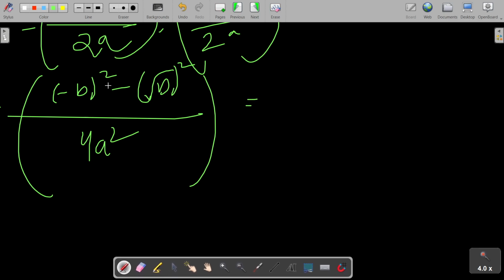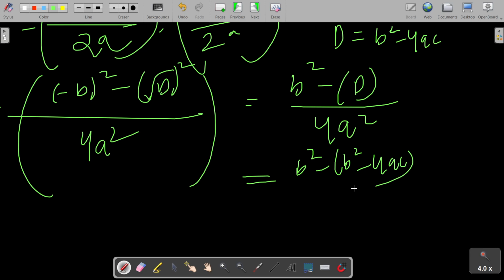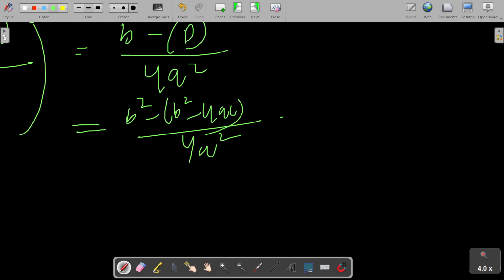Minus b whole square is b square, minus root d whole square is d, over 4a squared. We know that d is the discriminant, which is b square minus 4ac. This becomes b square minus, b square minus 4ac, over 4a square. Let's expand this.